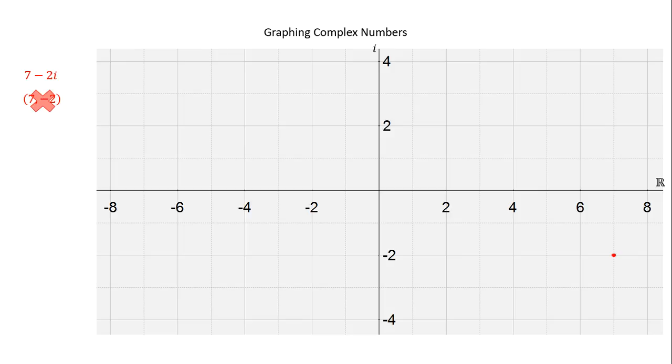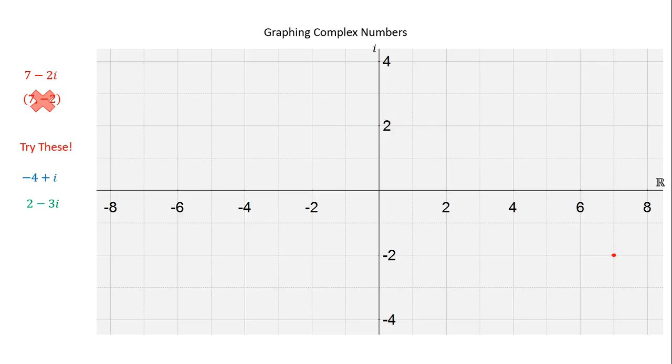But technically, it's not. It's a distinction without a difference, or a difference without a distinction. It's one of those. It's not exact. It's not the same, but for all intents and purposes, it looks the same. So, keeping in mind that 7 minus 2i is basically graphing the point 7 comma negative 2, try these couple.